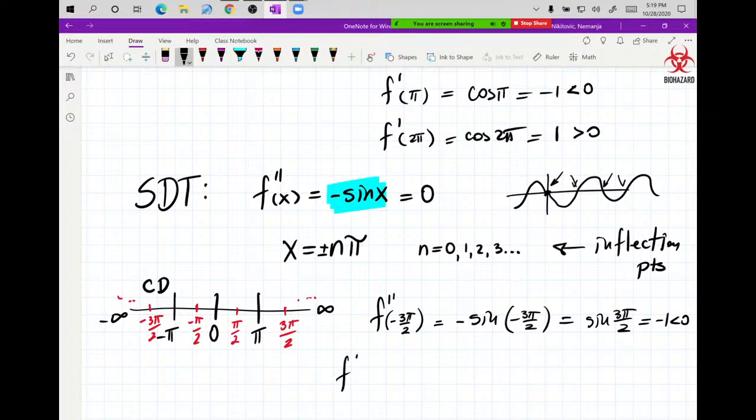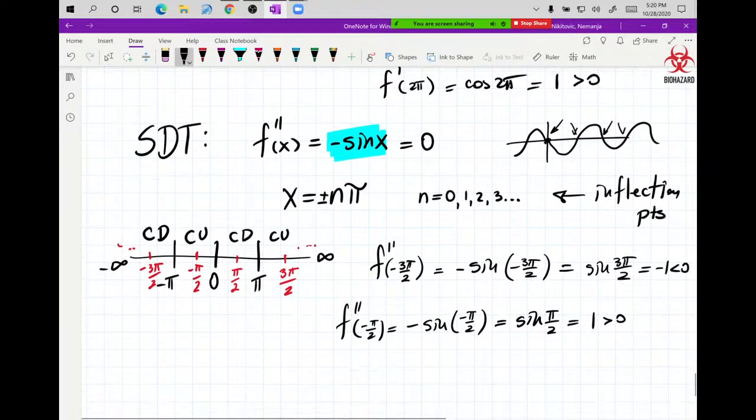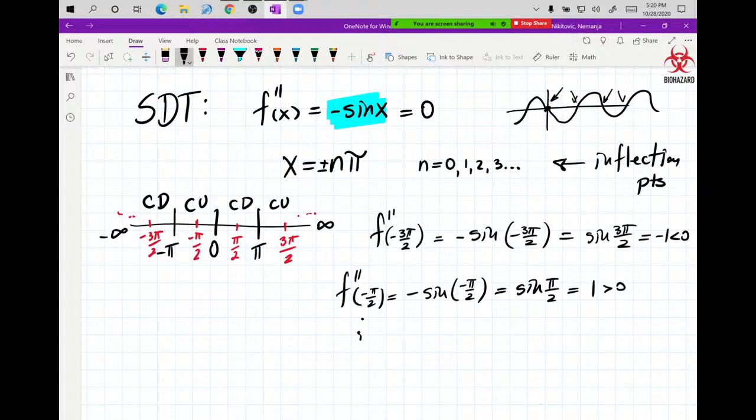Now, the second derivative at negative pi over 2 is going to be negative sine of negative pi over 2. Again, sine is the odd function, the minus goes in front and cancels this one, and we get positive 1. That's larger than 0, so concave up. And then they will alternate, so I'm not wasting time computing all of these things. And we have our intervals of concave up and concave down.